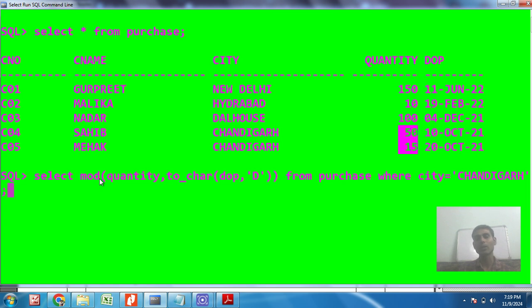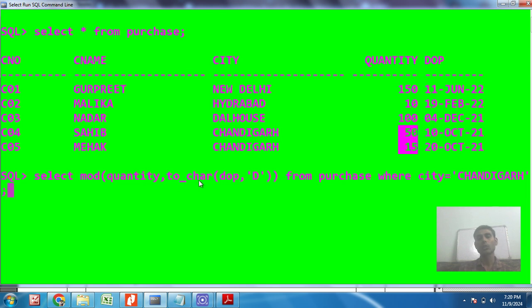It will give me remainder 0, so 50 mod 5 equals 0. And 50 mod 1 is 0, and 15 mod 4, 3 fours are 12, the remainder is 3.